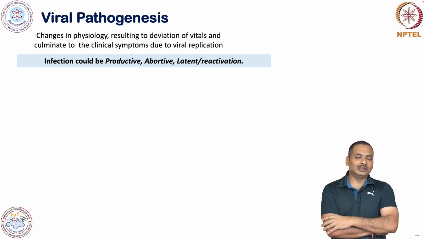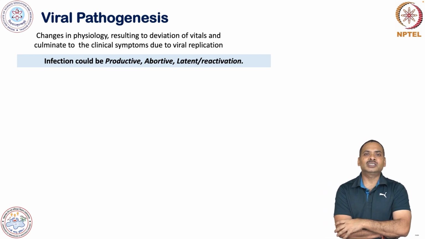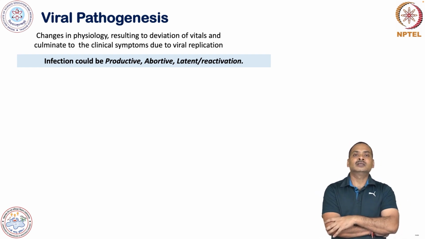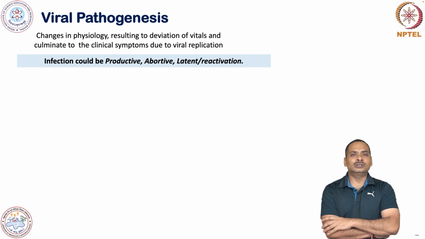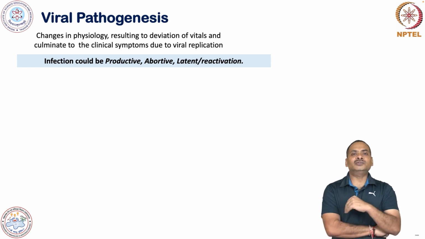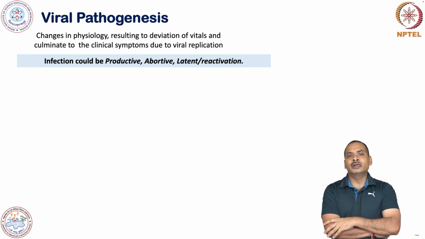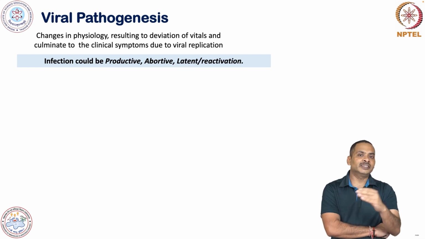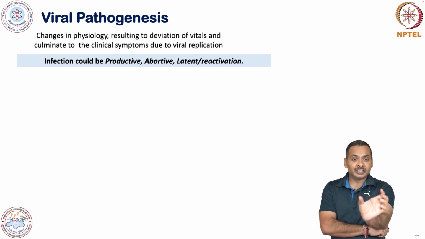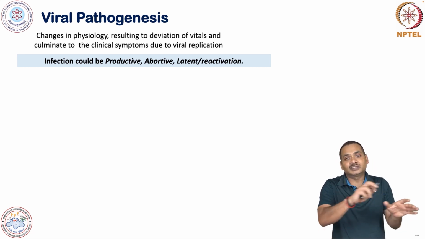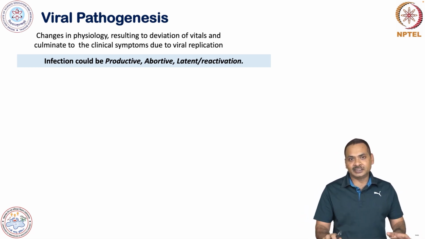One very good example is HIV. When they infect, the host will not know, and for quite a long time they are present in latent form, in proviral form. The genome is integrated into the host genome, and the host system is nicely hijacked.